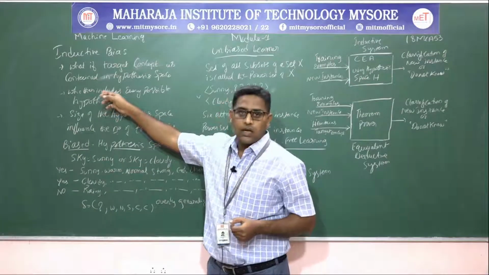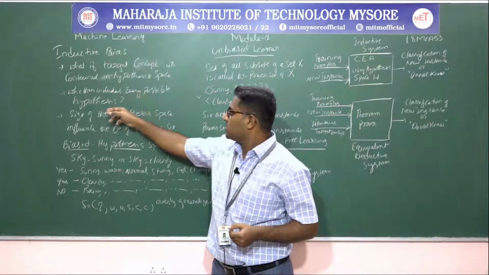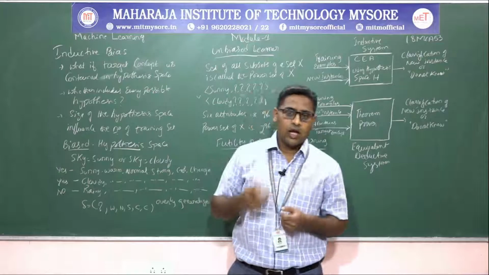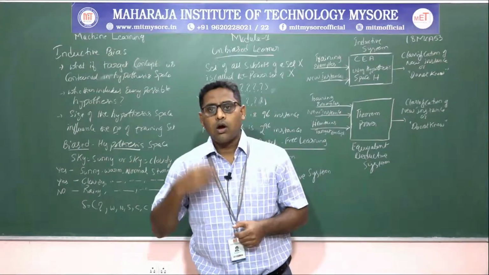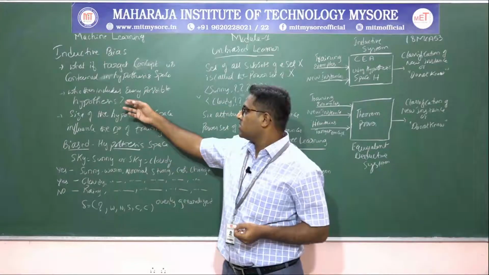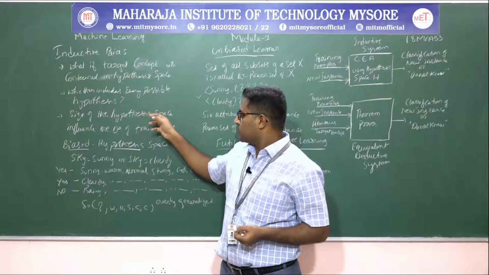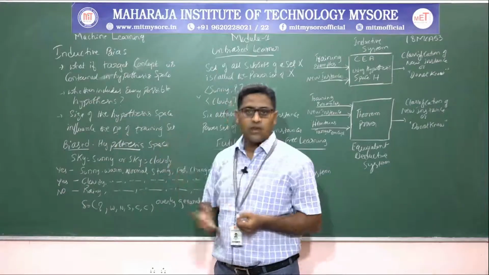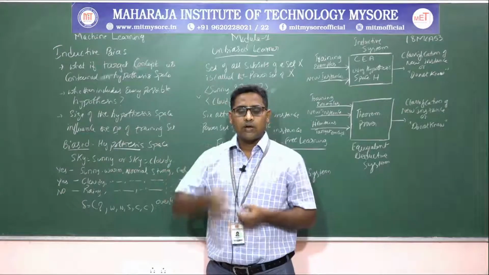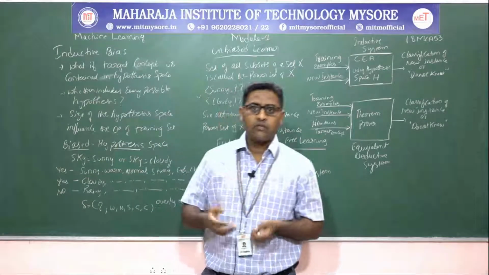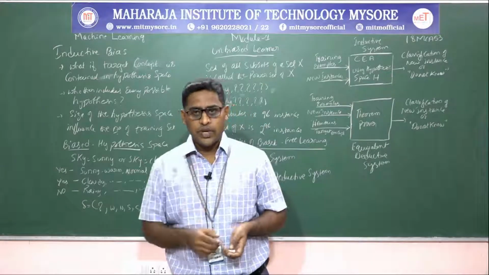Otherwise, will the hypothesis space include all possible hypotheses, or whether the size of the hypothesis space influences the number of the training set. So whether the training set number will influence the hypothesis space, right?